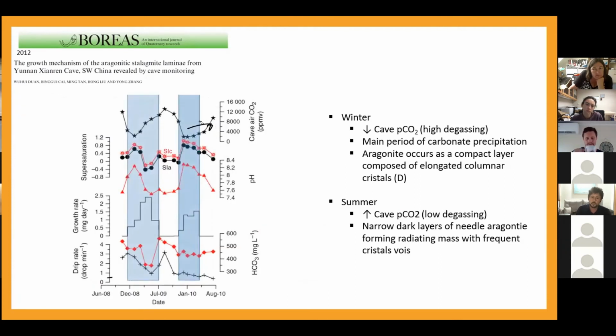And also, if you go through the monitoring data, we see something very similar, and monitoring also using this artificial substrate.